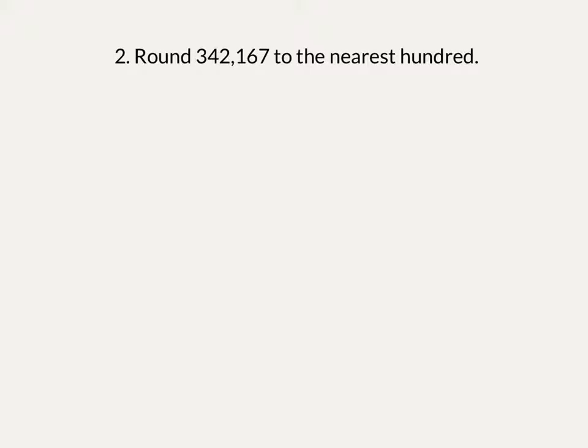Question 2. Round 342,167 to the nearest hundred. First, we'll identify the hundreds place, which would be the value of the 1. Next, we'll look at the digit to the right of the 1, which is a 6.